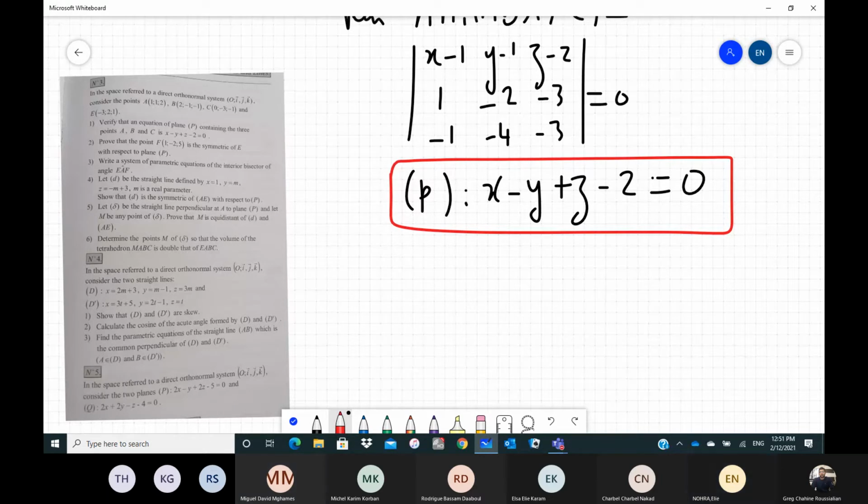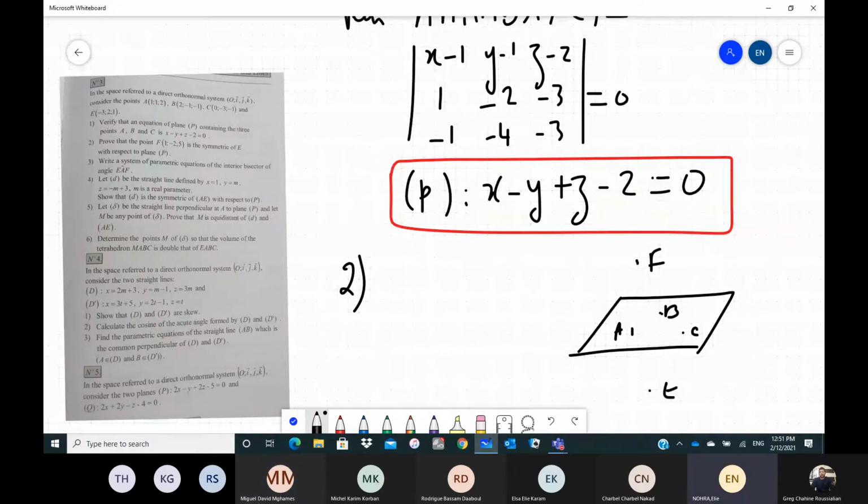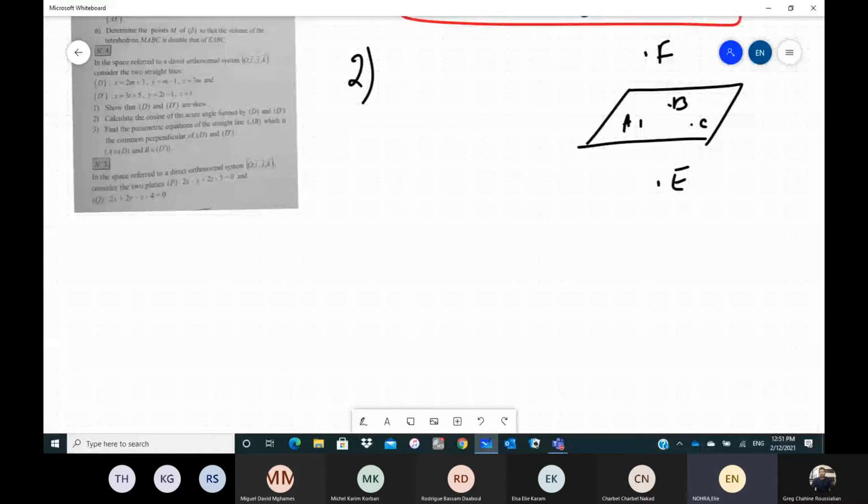Part 2. صار عندكم plane ABC, A, B, و C. و show that F is symmetric of E with respect to the plane P. يعني عندكم F و E هون. مثل ما قلنا بالكورس guys اللي بيتذكر الكورس, how many things do we have to prove?